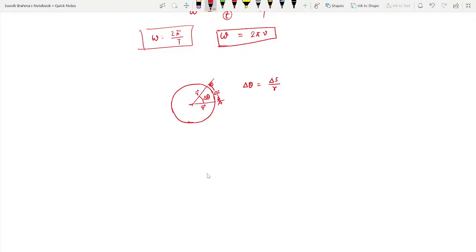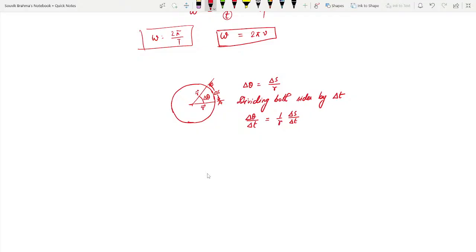Okay, now what we should do, we have to divide both sides by delta t. So dividing both sides by delta t, then what you will get, delta theta by delta t is equal to 1 by r times delta s by delta t.